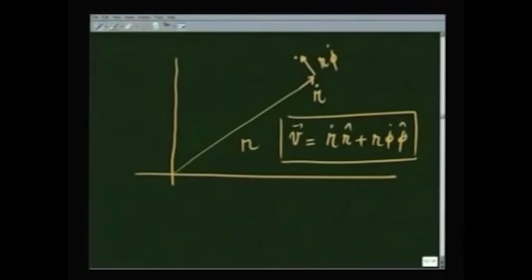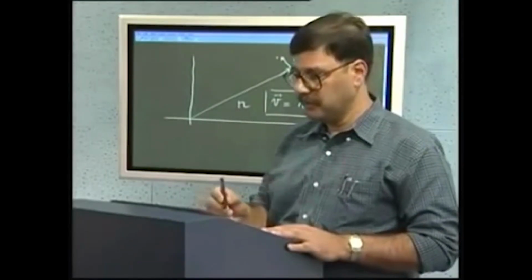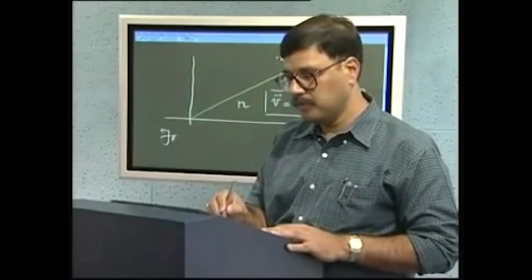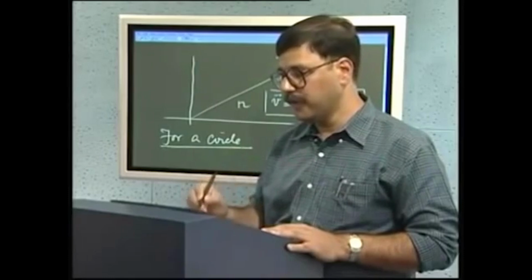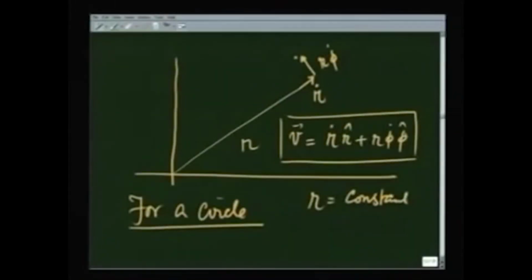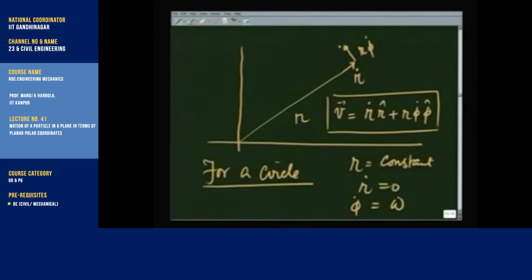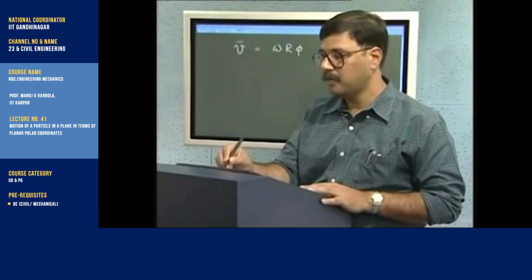To make it look more familiar, let us look at a particle which is moving around in a circle. For a circle, that is, if a particle is moving in a circle, r is a constant, and therefore r dot is 0 and phi dot is the angular speed, and therefore its velocity is going to be given as v is equal to omega r phi unit vector.